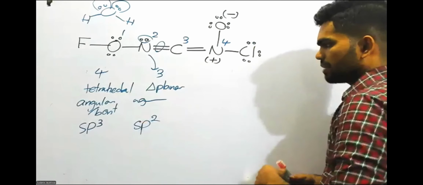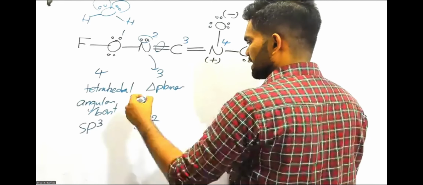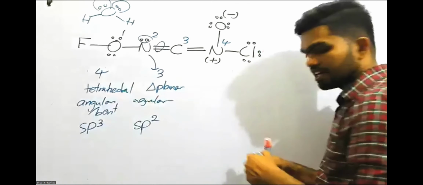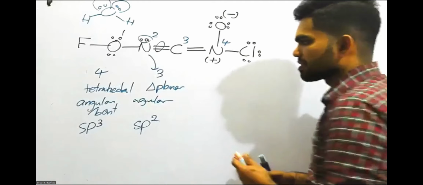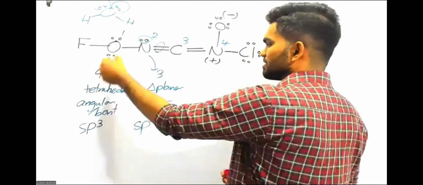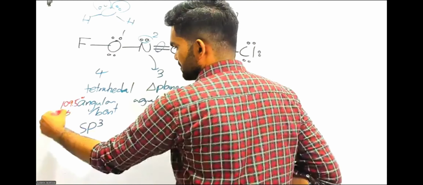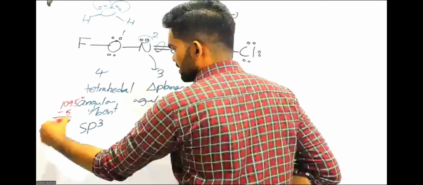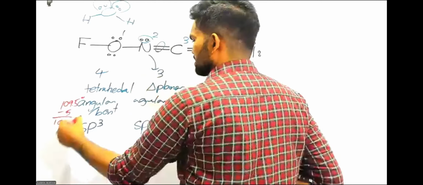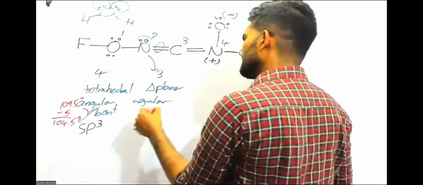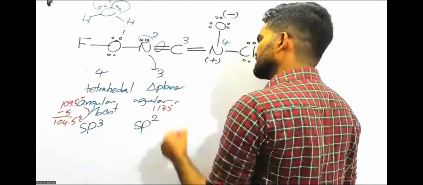So even though they have the same angular shape, their angles are going to be different, no? Remember? So this one has 109.5 minus 5 degrees. That means 104.5 approximately. Okay, so this one has 117.5 approximately.